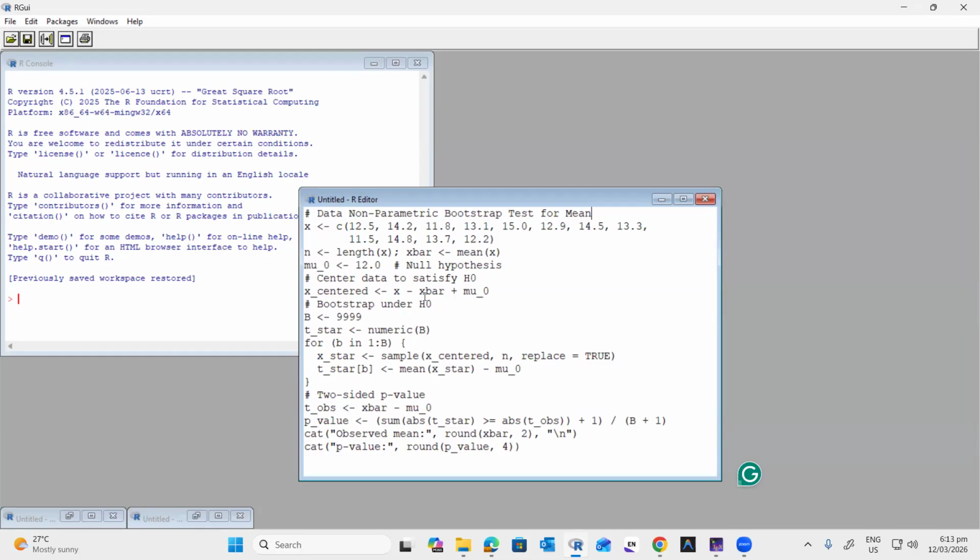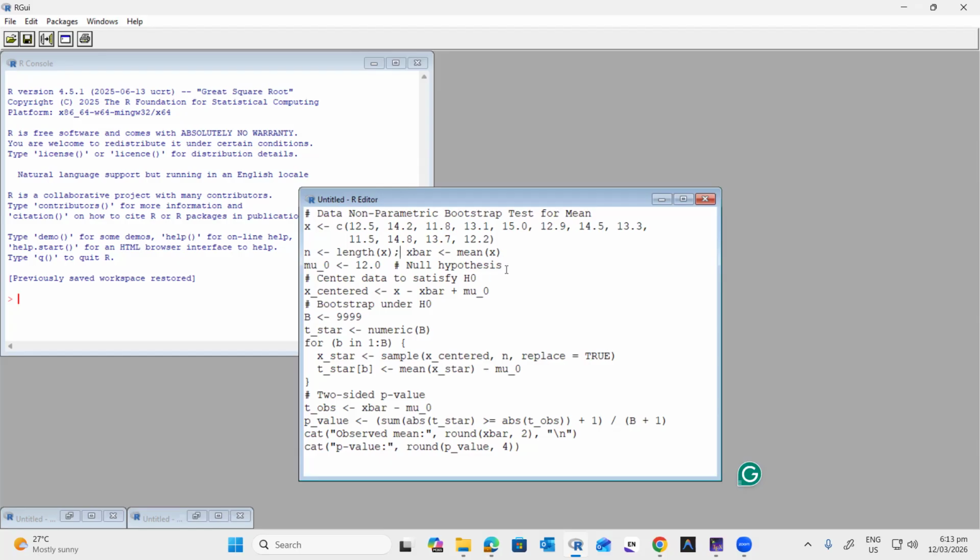So here X provides 12 observations, and this is the sample that we want to test. After that, we have n equals length of X, that is the sample size stored in X, and X bar is the sample mean of the original data set.